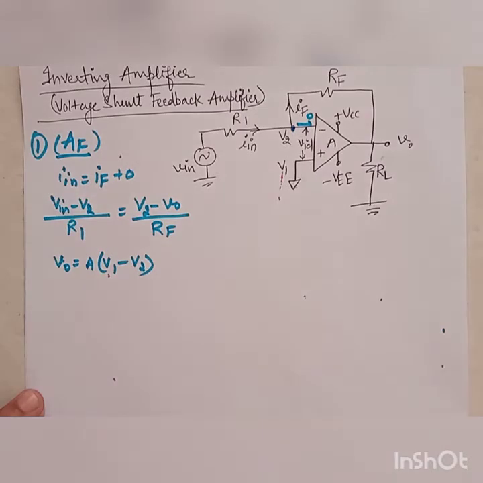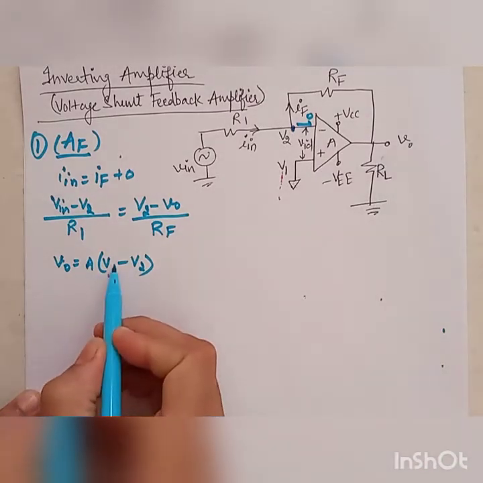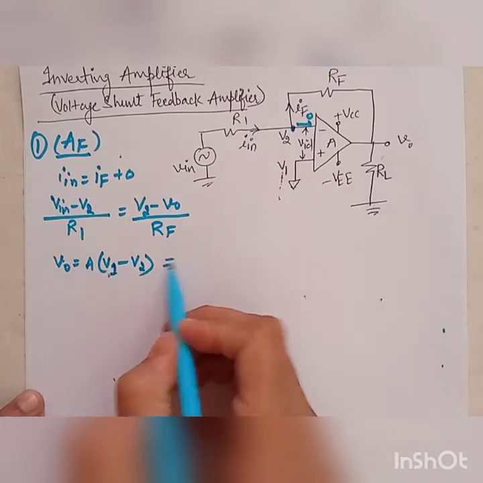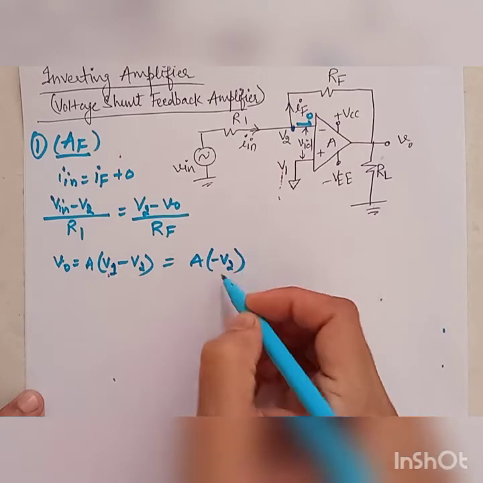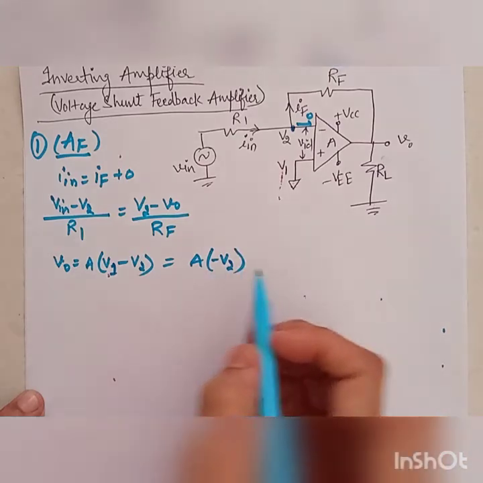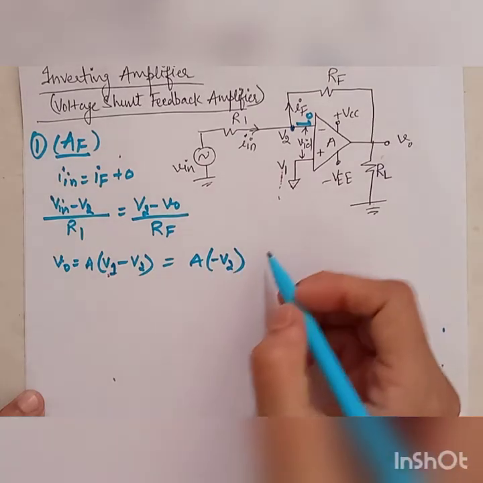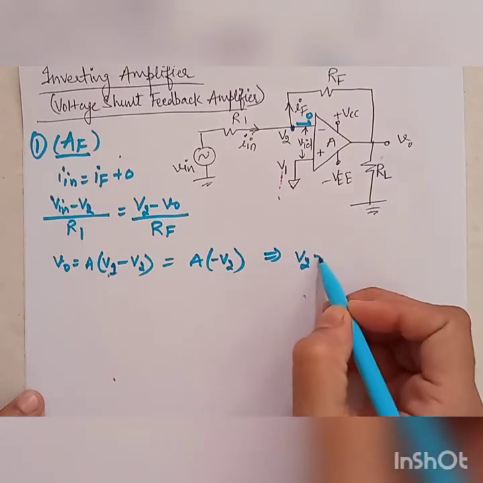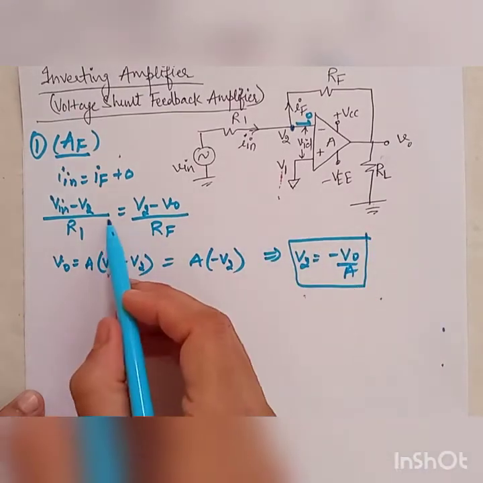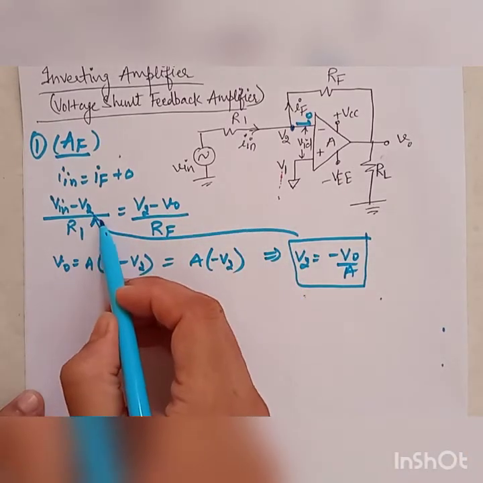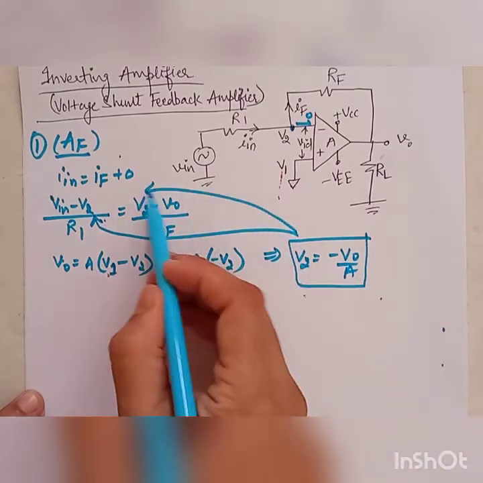Now I can substitute the value of V1 here as 0, because V1 is physically connected to ground. So this is minus V2. And now I can substitute this value of V2, that is equal to minus V0 by capital A, back into this equation, and the same here also.